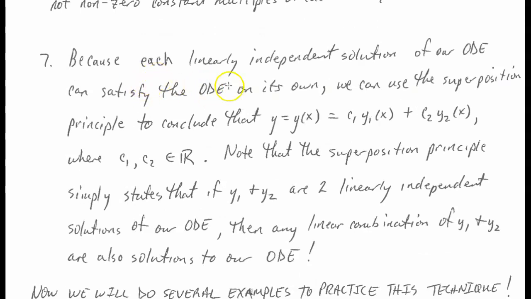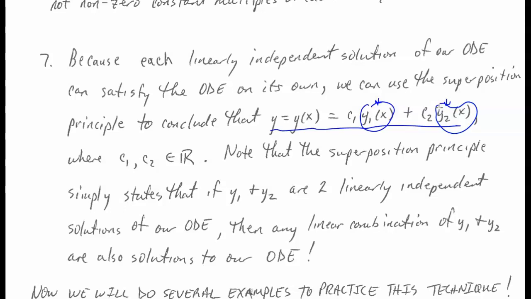Okay? And because each linearly independent solution of our ODE can satisfy this ordinary differential equation on its own, we use the superposition principle to conclude that if I take both of those solutions and do linear combinations of it, what I'm going to have is two functions that form what we call a basis.